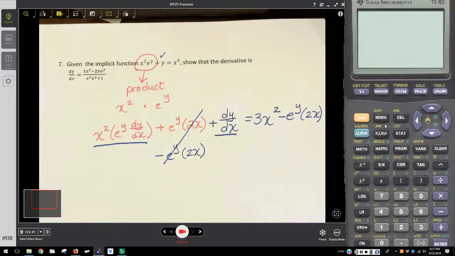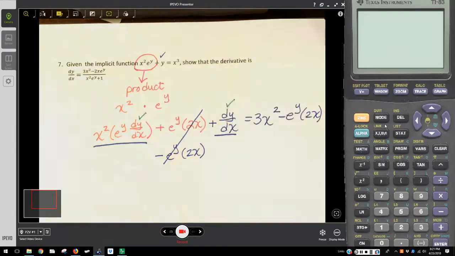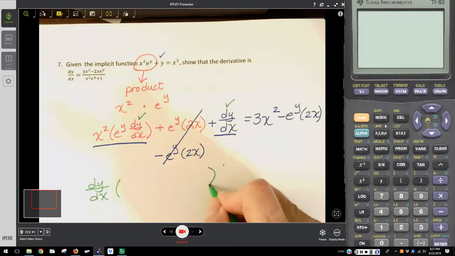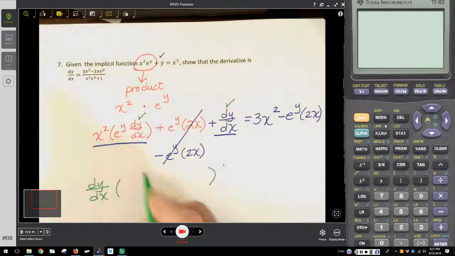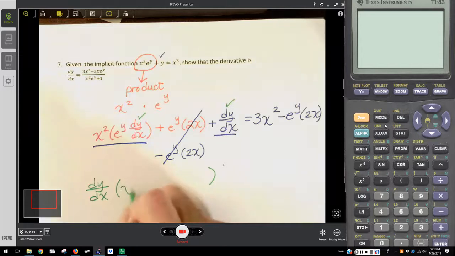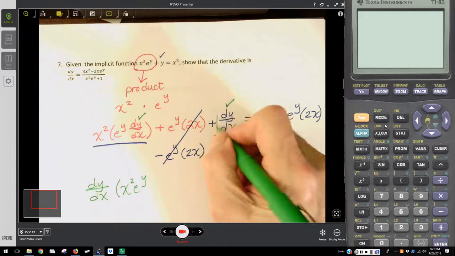And now I have a dy dx in both of the remaining terms. I have one here and I have one here, so I need to factor out dy dx. And then when I do that, what I have left here is x squared times e to the y, and what I have here is just the understood 1 that was in front of that.